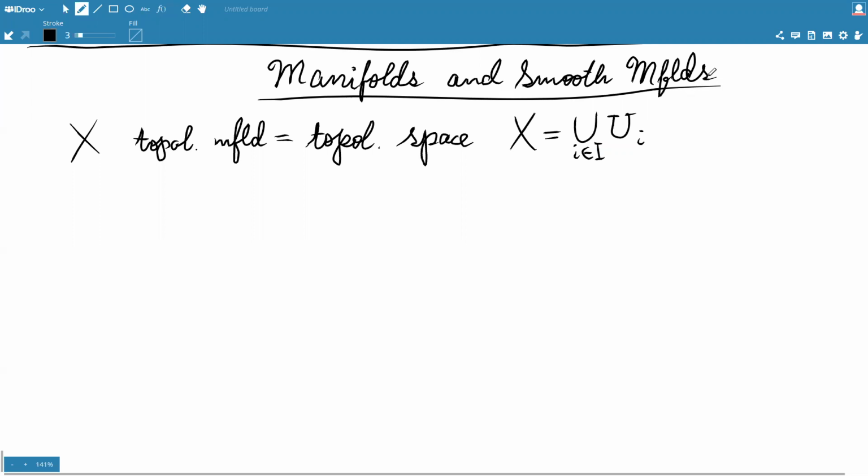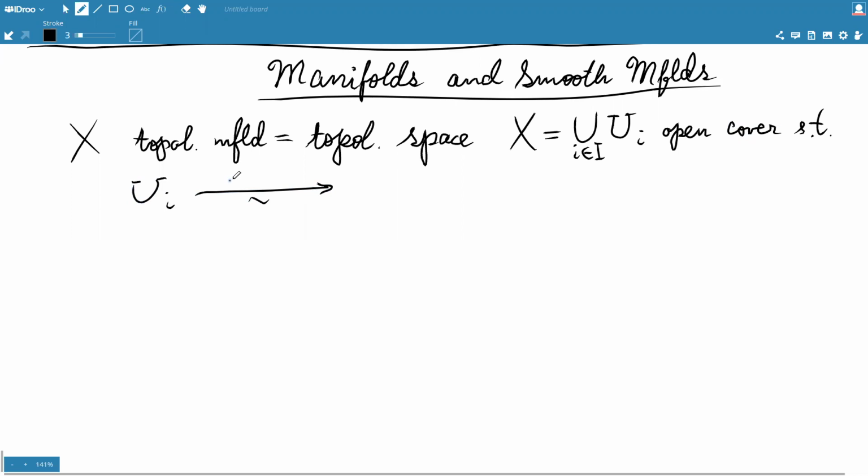Big I could be any set. Open cover, such that each U_i is homeomorphic. So homeomorphisms will be denoted by this tilde.